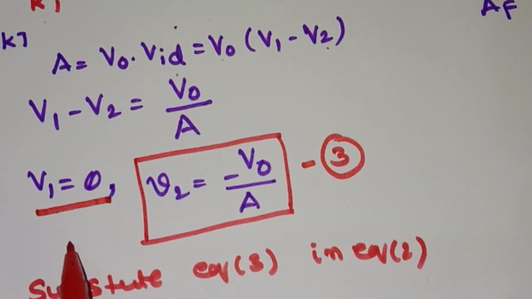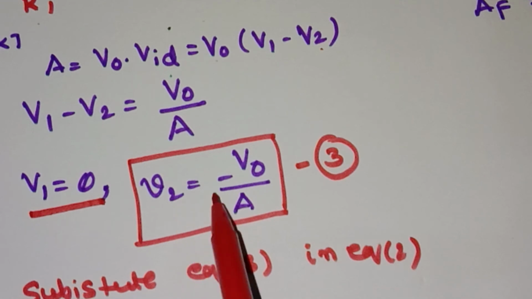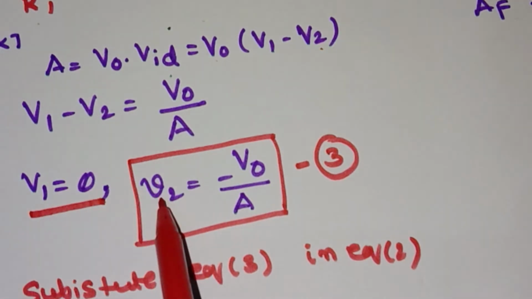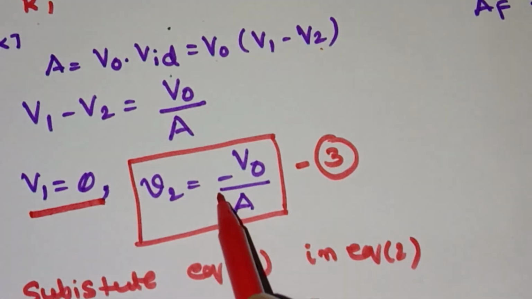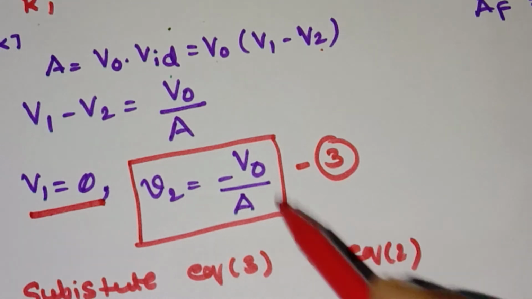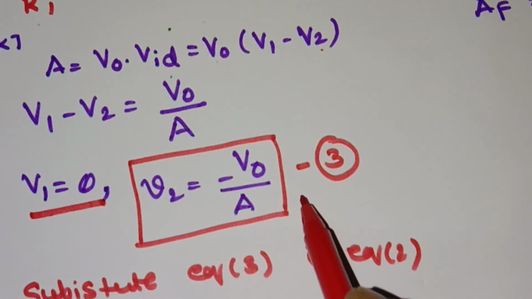Why is this equal to 0? Because the non-inverting terminal is grounded. So V2 is equal to minus Vout divided by A. Okay, so this is the V2 value.